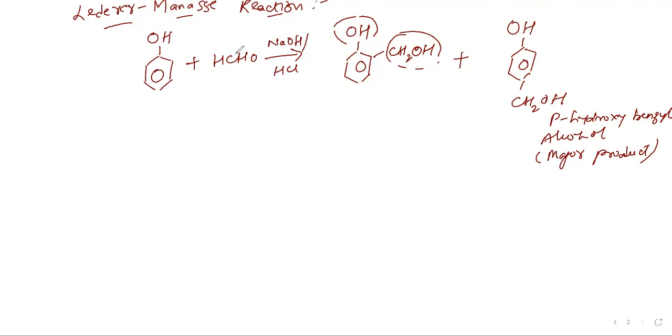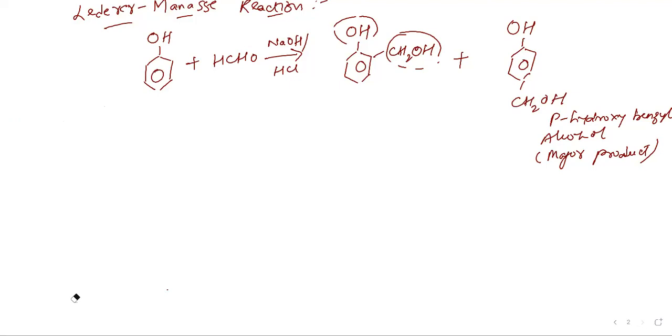Now, if I take excess of formaldehyde, in presence of excess of formaldehyde, this reaction will result in the formation of polymers. Right? We'll look into the formation of polymers also with the help of chemical reaction. Let's write it like this.